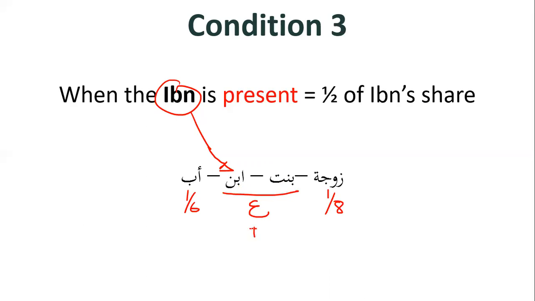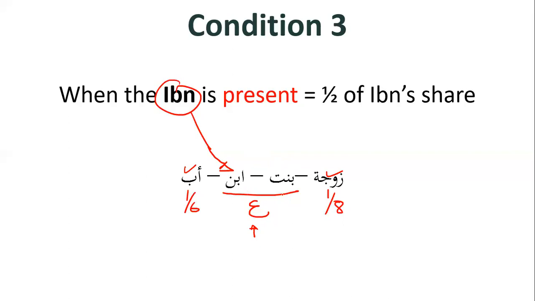We know that Asaba means that they will receive the remainder of the wealth. So we will give 1/8 to the Zawja, we will give 1/6 to the Ab, and anything left over, we will give to the Bint and the Ibn. Now, inshallah, I'll briefly mention it now, but this we will discuss later in greater detail, inshallah.